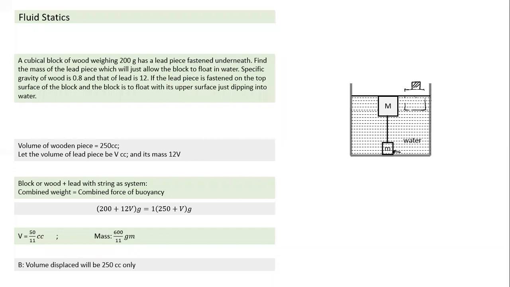But in this case, when we ask what mass of lead block I should place so that only the wooden block is completely submerged, the lead block is not submerged. So the force of buoyancy acts only on the volume of the wooden block, which is submerged, not on the lead block. So the volume displaced in that case will be only 250 cc, in the second part.